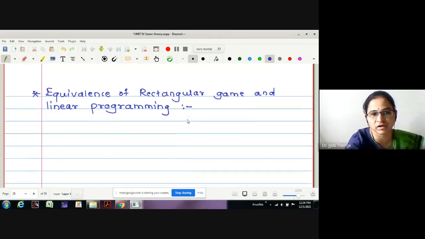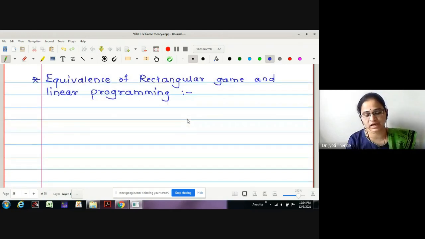That means we are now going to convert a rectangular game to a linear programming problem. And once we convert it, we know there are so many methods available to solve the linear programming problem.